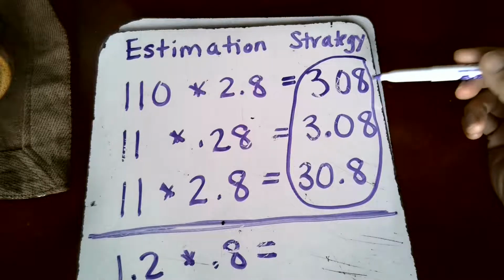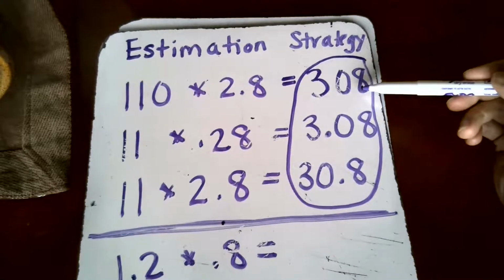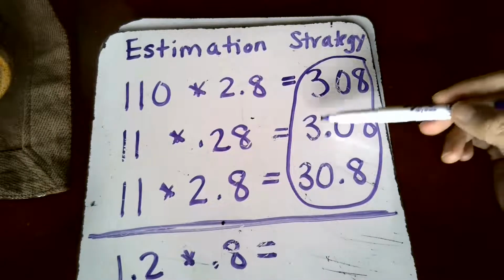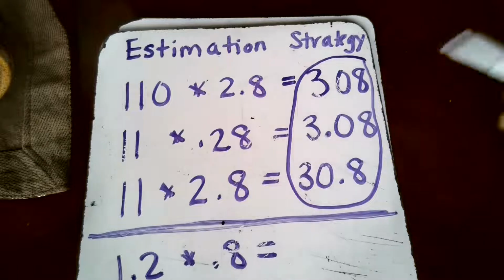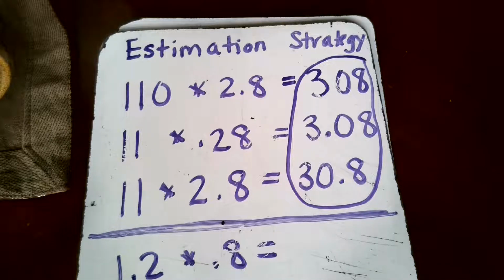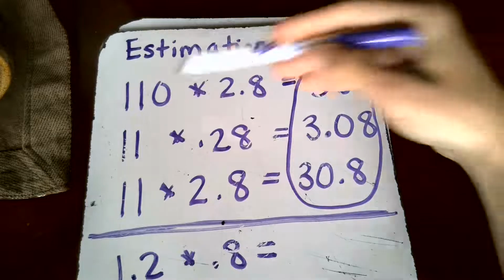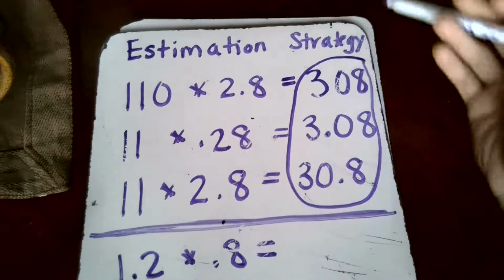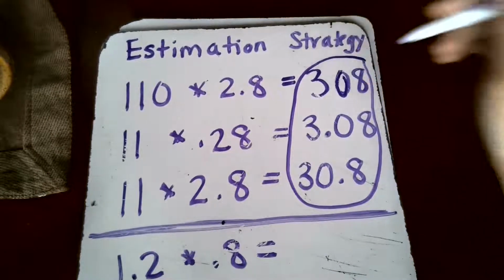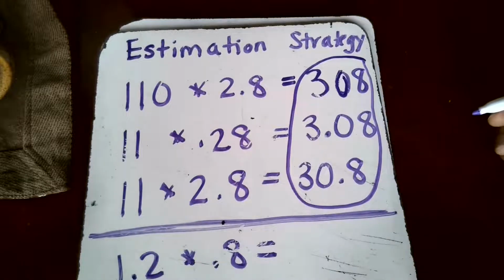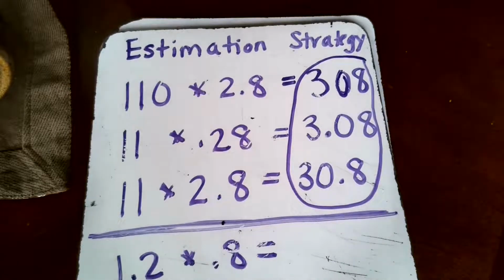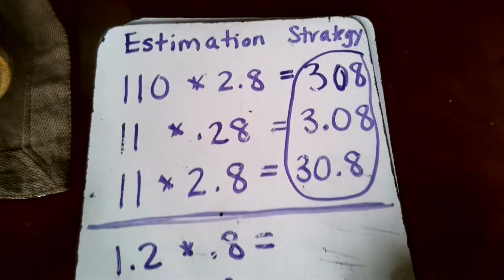All right, so first thing I notice is that each of them has the same digits, 308, 308, 308. The difference is where the decimal is. It all depends on what numbers I'm multiplying over here, and that will depend on where my decimal goes in my product.